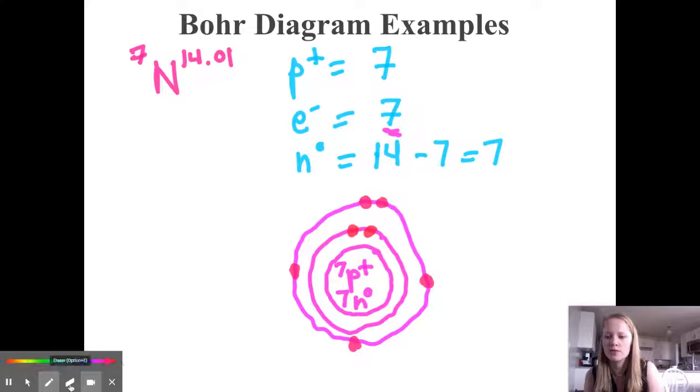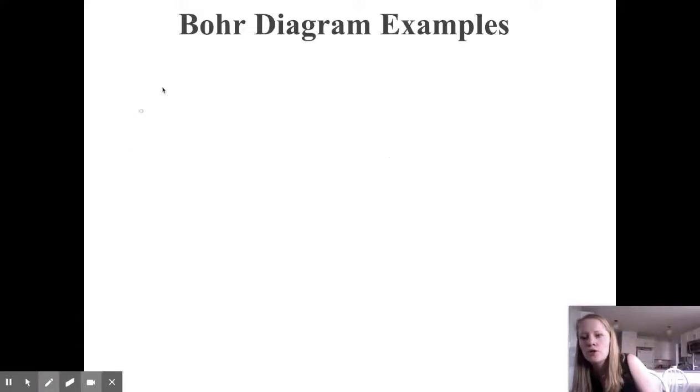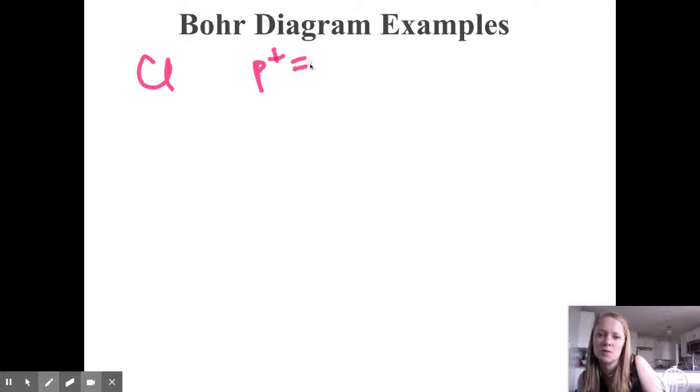Okay, so let's do another one. All right, we are going to do chlorine for this next one. If I find chlorine on my periodic table, I should find that it has an atomic number of 17, and that 17 tells me my number of protons.